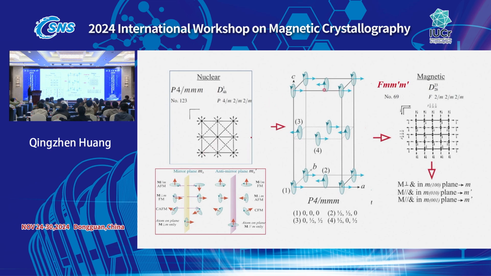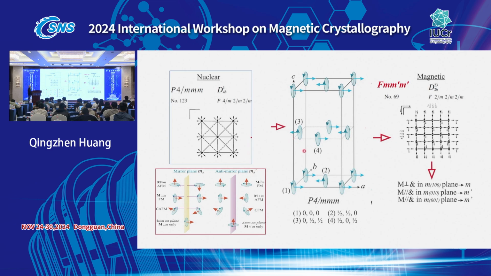If it's not parallel to the z-axis, then the four-fold axis will be destroyed. For example, this one no longer has a four-fold axis, because the moment is a vector and the spin is not parallel to the z-axis.